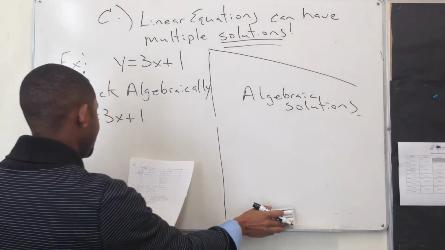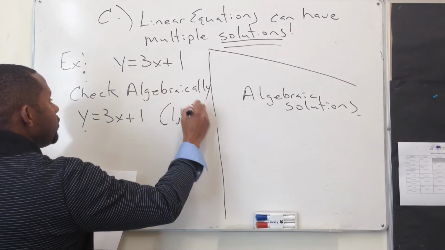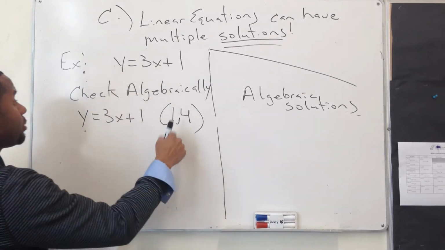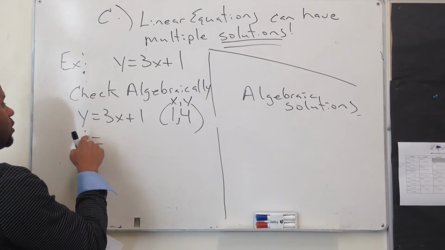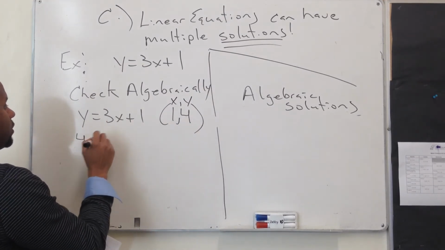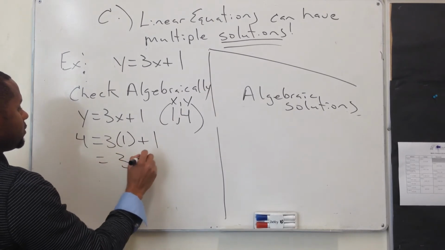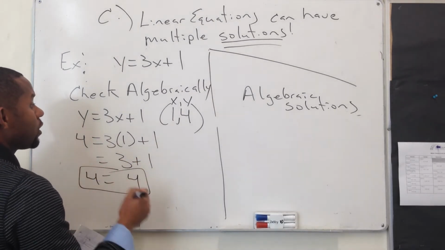I could do the same thing with that point 1, 4. I go ahead and plug this in. Remember, there's x and there's y. Y is 4. X is 1. I see that 4 equals 4.